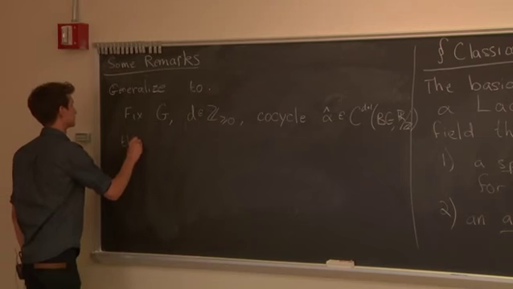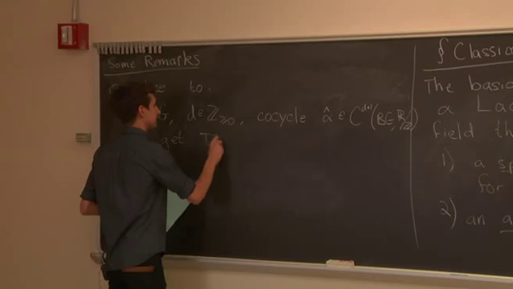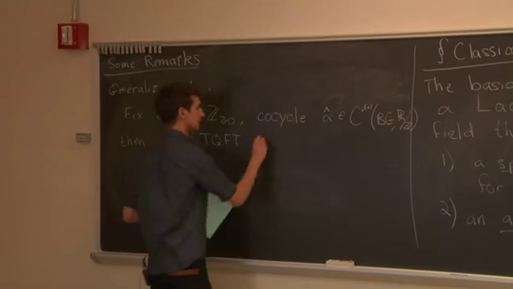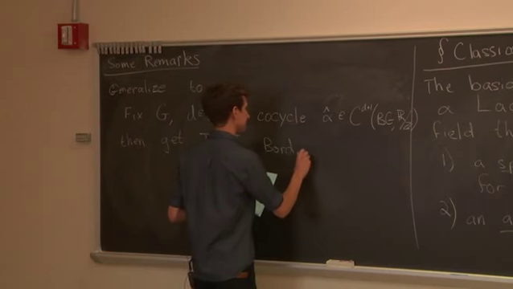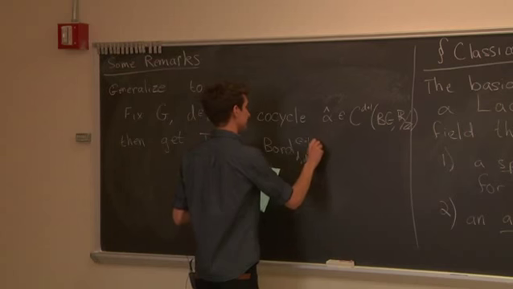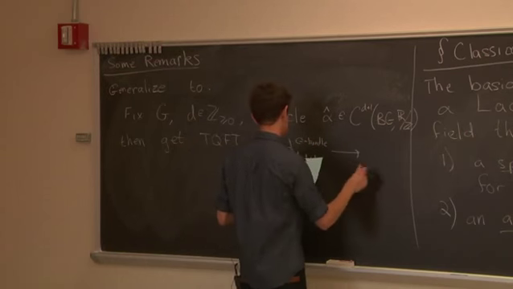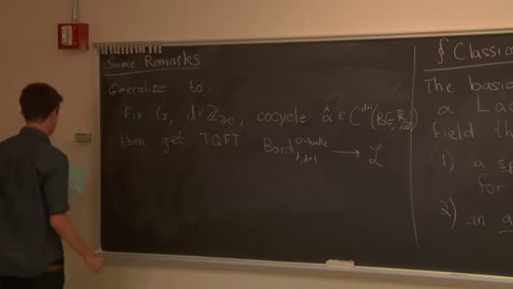And anyways, the generalized classical theory gives us a TQFT now from bordisms of d to d+1 manifolds with this data of a G bundle into complex lines.